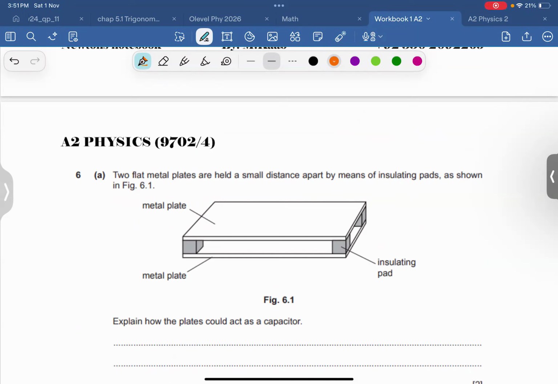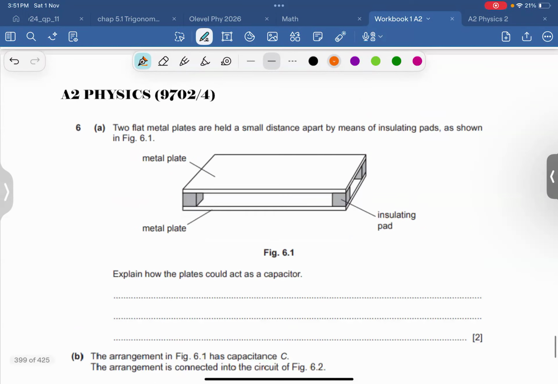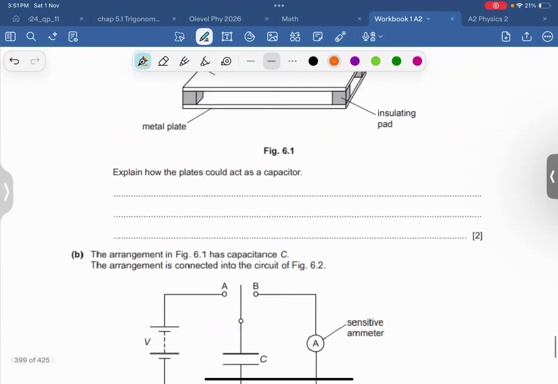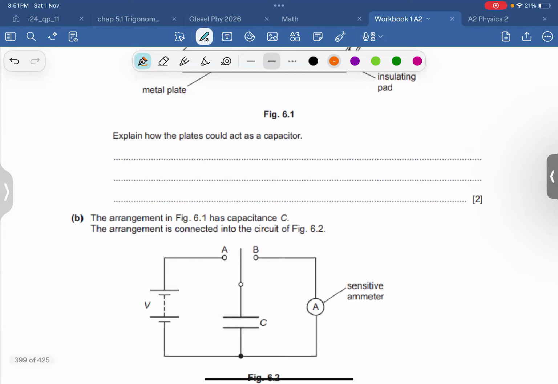Explain how the plates could act as a capacitor. Because the potential difference across the plates causes the plates to store charge, oppositely charged of equal amount. So this is how it can act as a capacitor.